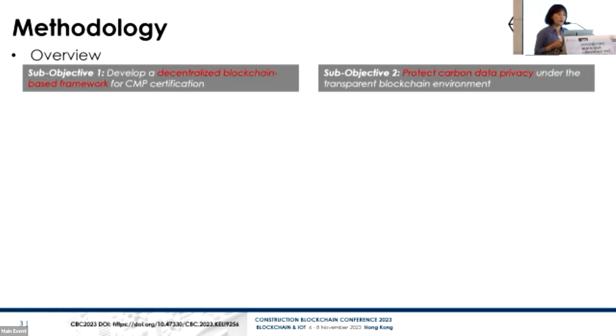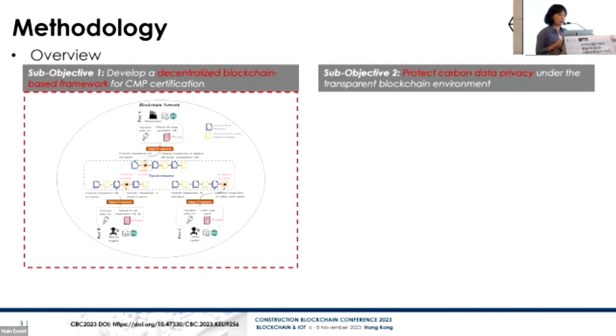So for this part, based on these two sub-objectives, we try to propose our methodology. To realize the first sub-objective, we propose a decentralized blockchain-based framework for construction material and product certification.